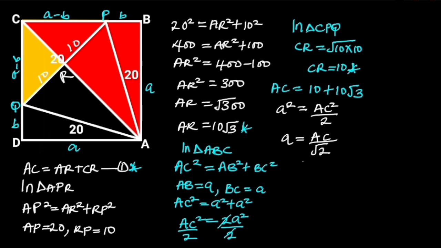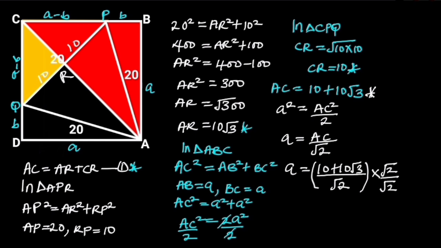Since AC is equal to 10 plus 10 root 3, if we substitute AC with 10 plus 10 root 3 in this equation, we have A is equal to (10 plus 10 root 3) over root 2. To rationalize the denominator, we multiply the numerator and denominator by root 2.